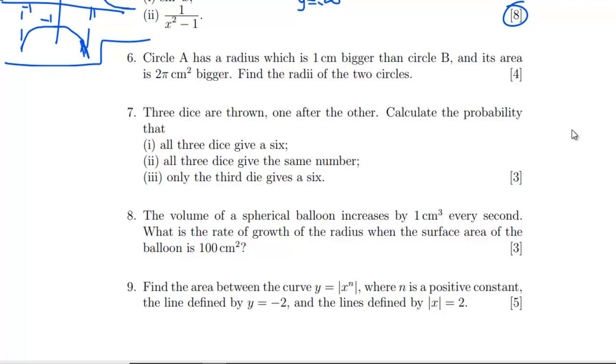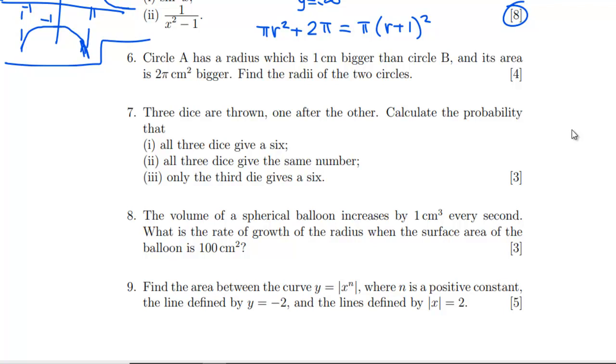So we've got the radius is 1 centimetre bigger than B. Its area is 2 pi centimetres squared bigger. So we can say if we've got pi r squared is the small circle, and we add 2 pi to that, we're going to get the area of the bigger circle, which is going to be pi (r plus 1) squared.